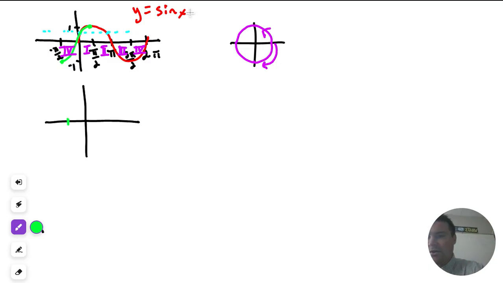And the domain of green goes from negative pi over 2 to pi over 2. So what this is going to look like is this right here. Okay, so this is what y equals arc sine looks like.